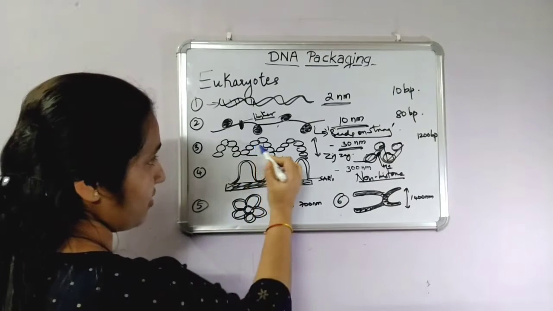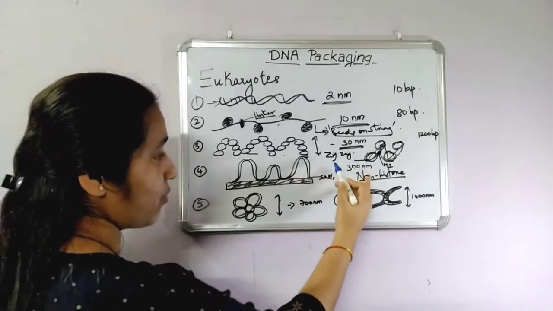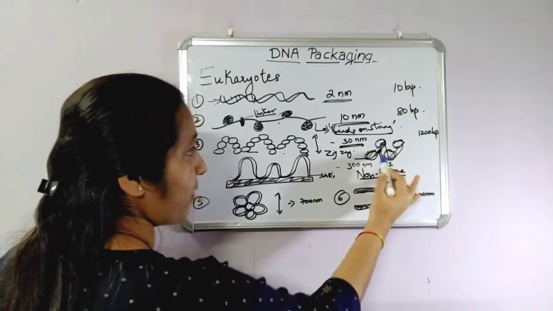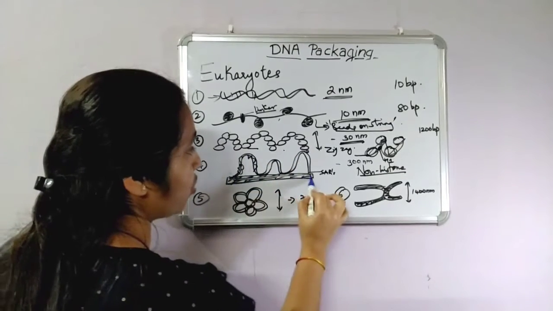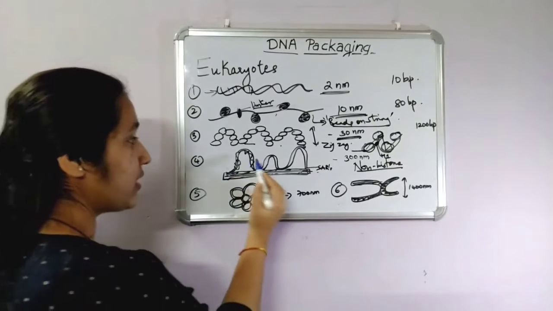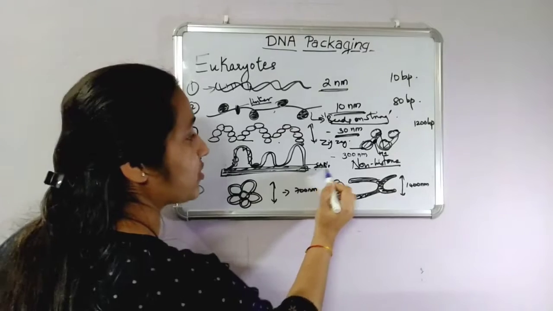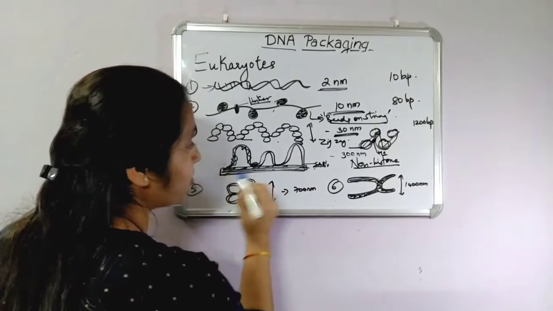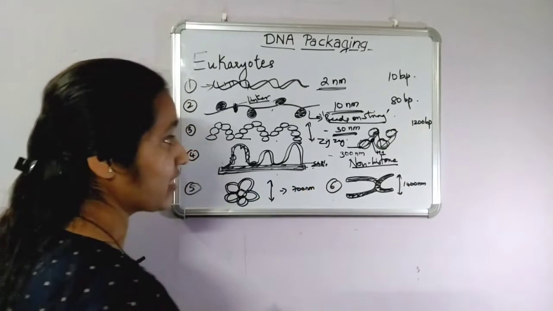On the DNA there are certain regions called SARs, that is scaffold attachment regions, which bind to these scaffold proteins, the non-histone proteins, and compact the DNA further.